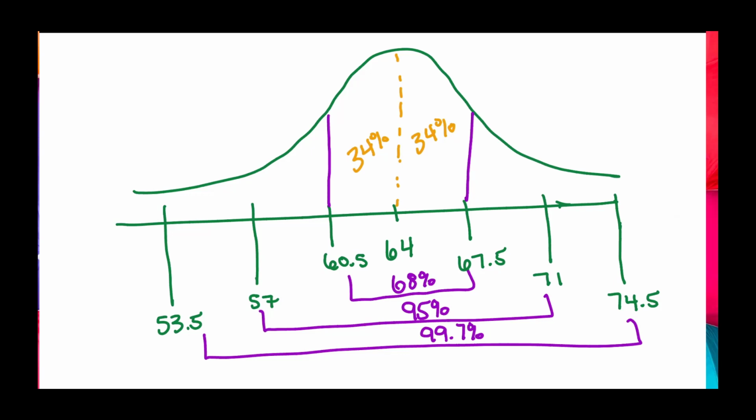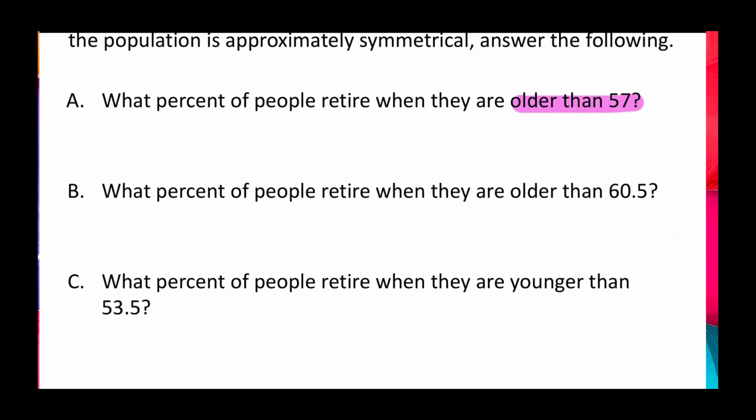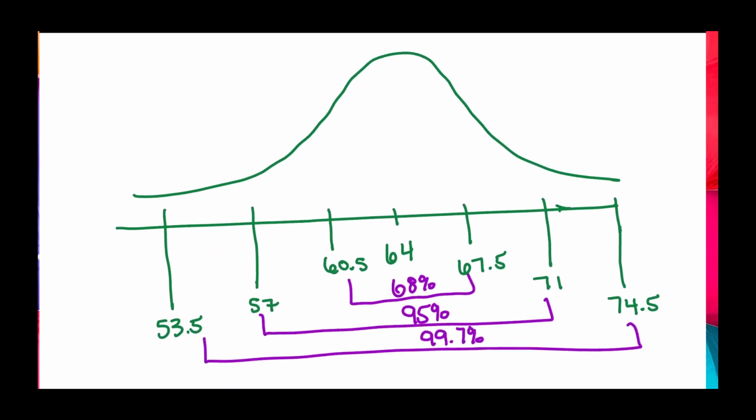So we can use all of these facts to kind of try to figure out percentages that are not necessarily illustrated on the initial chart. We still have enough info that we can use to find them. So let's look at the first question. It says, what percent of people retire when they're older than 57? So again, there's a couple different ways that you can find this.